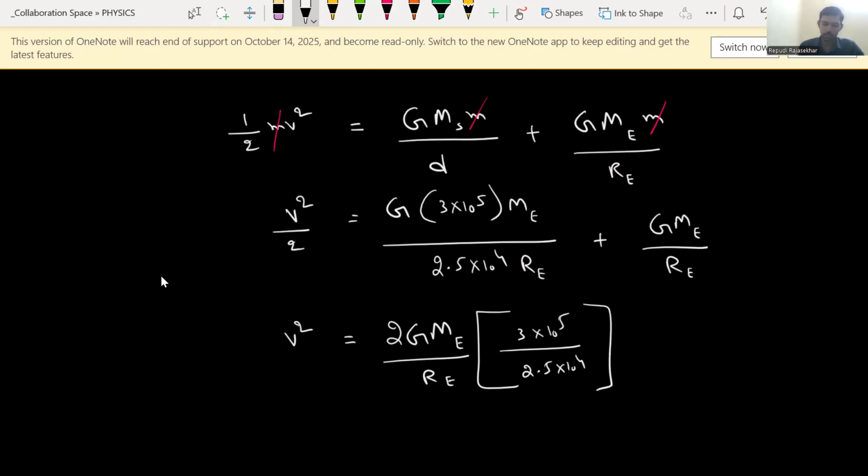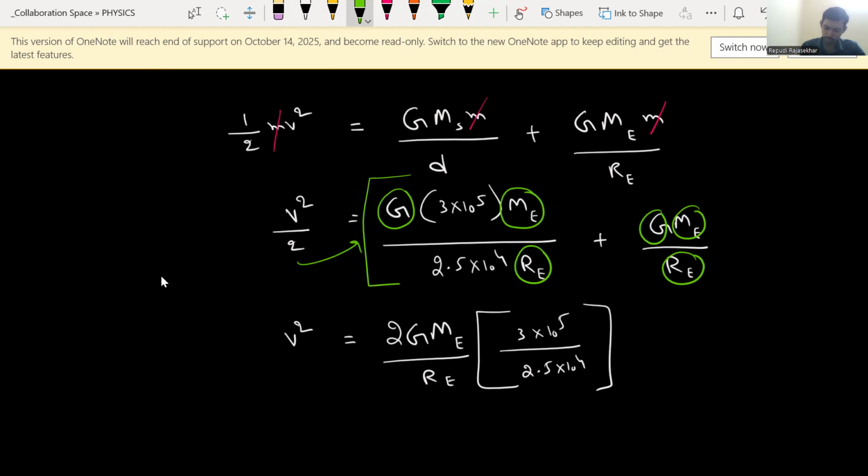You understand? Here I have taken common g Me by Re. Here also g Me by Re. I have taken common, and whatever the 2 is there, I have multiplied the whole term. Clear? So 2 g Me divided by Re we got, and we are left with this, and the plus 1 also comes here. This plus 1.